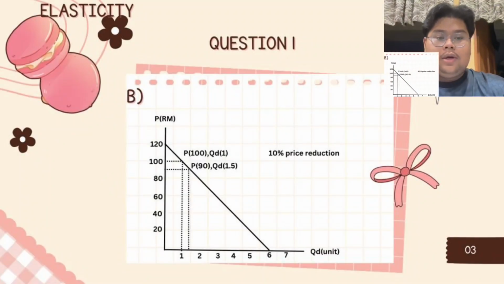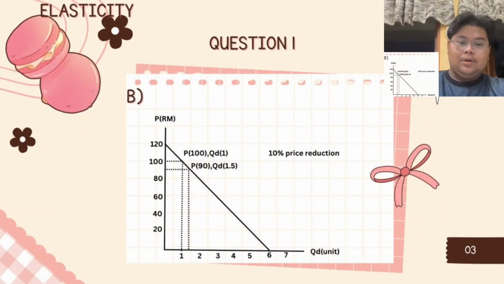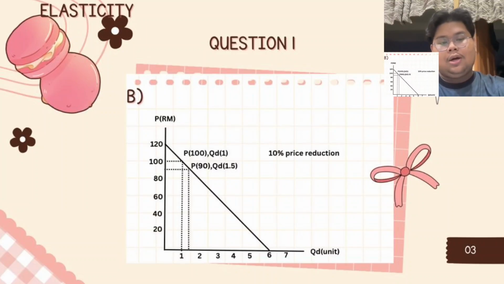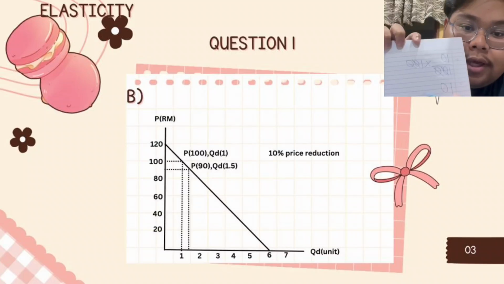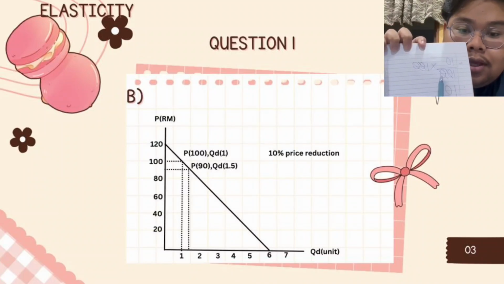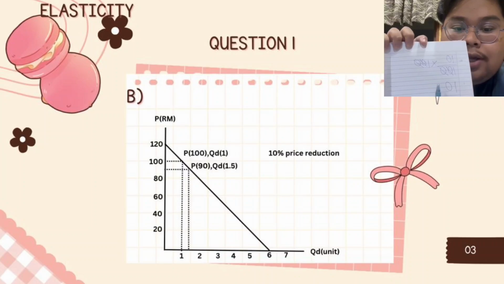If you look at the slide, you can see the 10% price reduction. So how do we calculate the 10% price reduction? Because P1, the price 1, is 100 and the quantity demanded is 1. We take 10 over 100 times 100, so we will get 10.